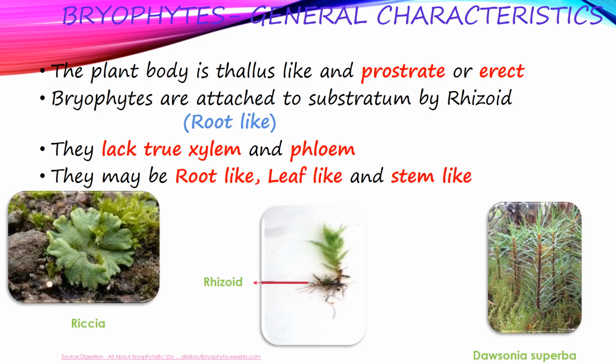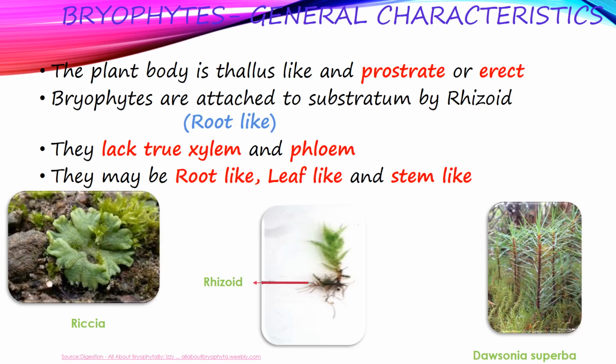Some members of the bryophytes have a special kind of tissue for transporting water and food. But these tissues are not as specialized and advanced as the xylem and phloem of land plants. Because of this, bryophytes may possess root-like, stem-like or leaf-like structures.